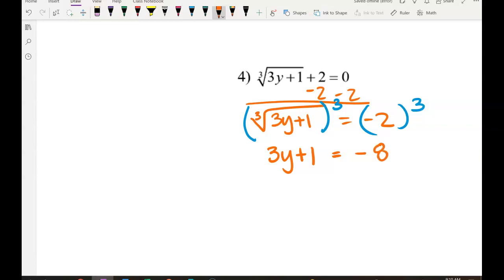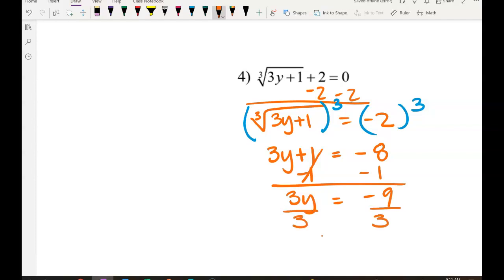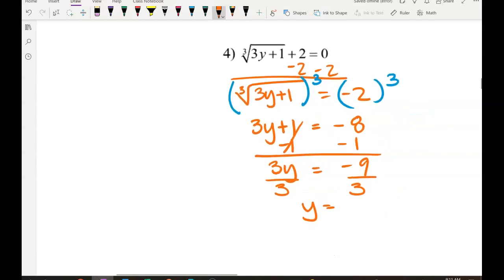Very good. And then we minus 1 from both sides. 3y equals negative 9. Divide both sides by what, Tamer? 3. Students, negative 9 divided by 3 is what? Negative 3. Box that up.